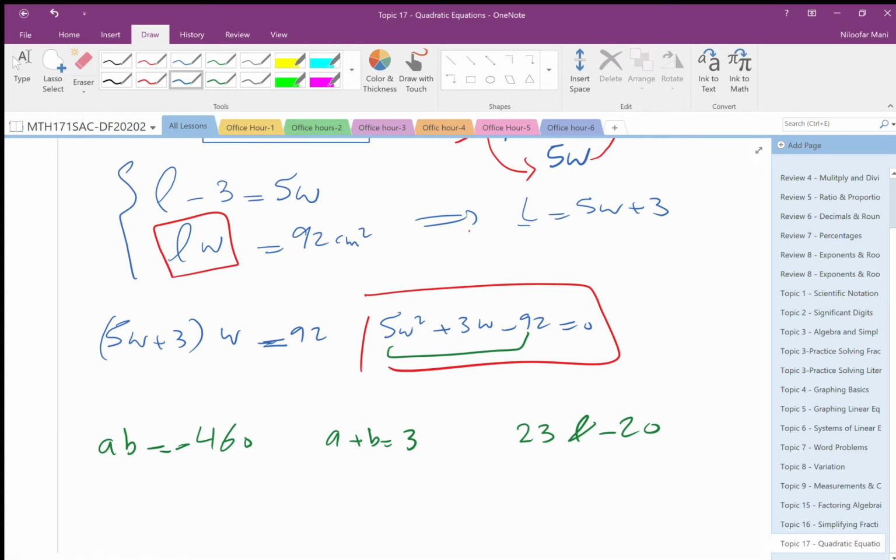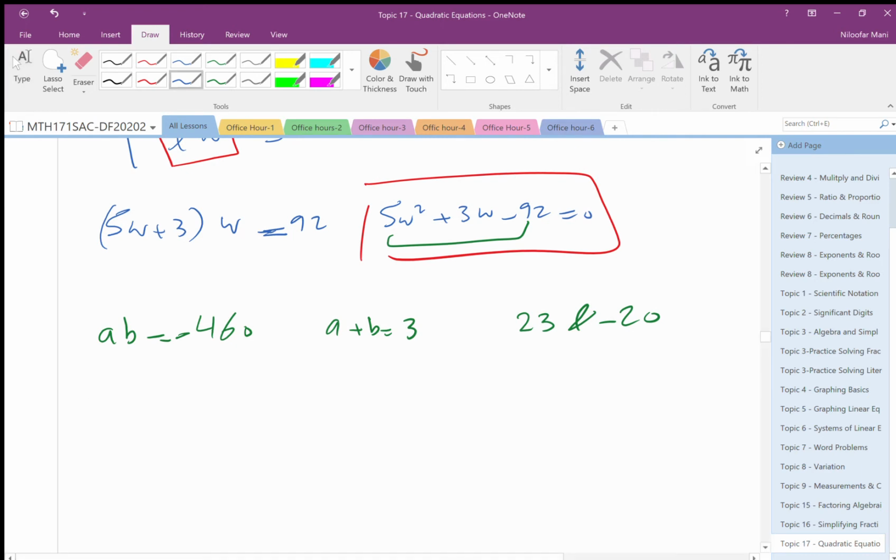Okay, so now I can do what I do when A is not 1. This is the complex one. So 5W squared plus 23W minus 20W minus 92 equals 0. Now from these two I factor.